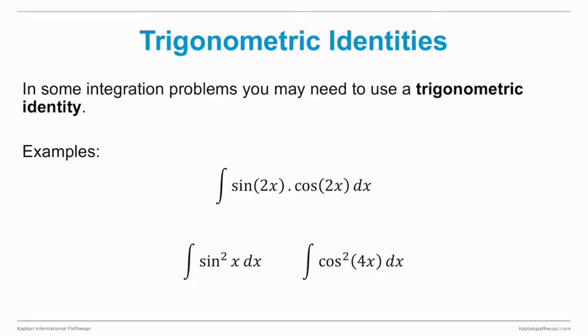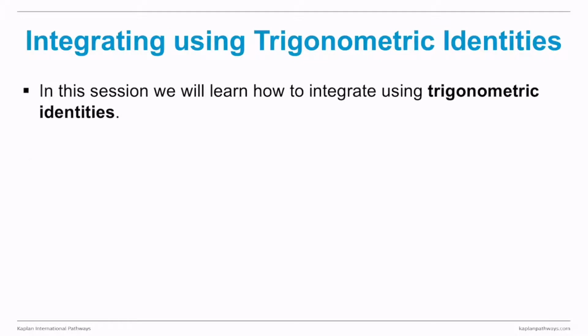I'm just going to write the identities here before I move on. So the trigonometric identities: sine 2a equals 2 sine a cosine a, and I'll show you as well how we get these.